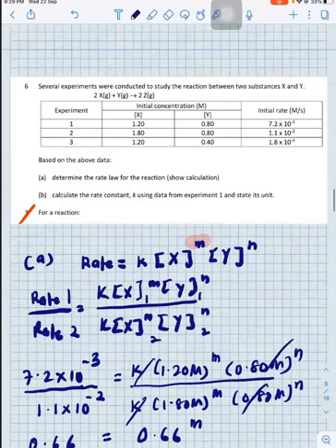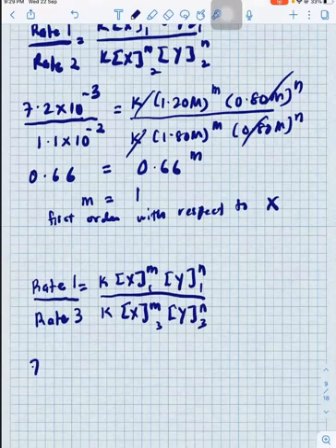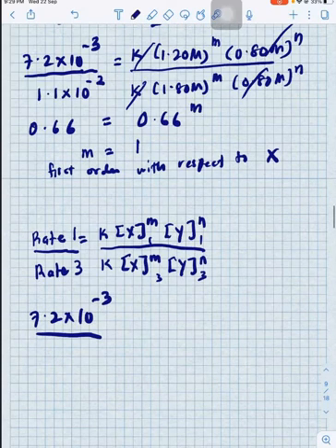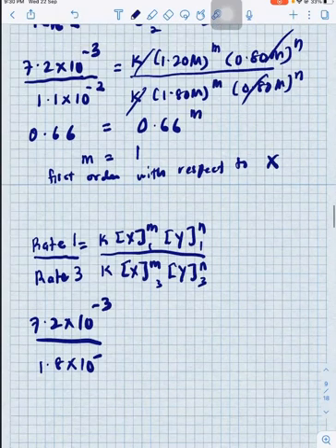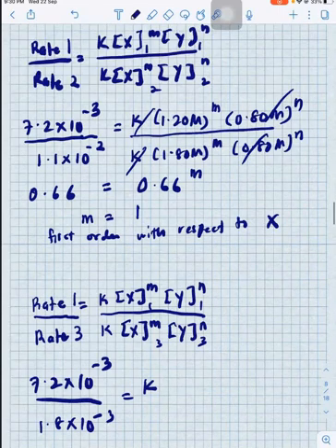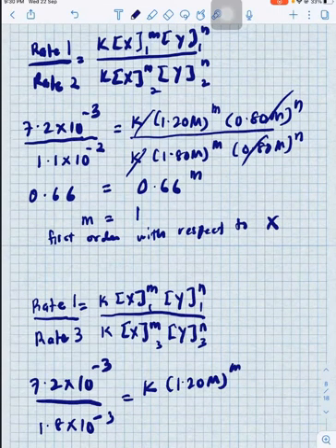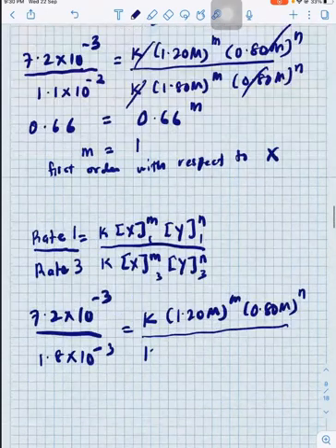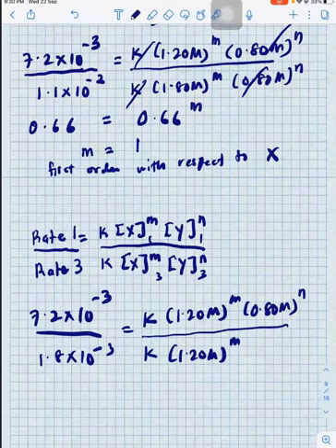So experiment 1 7.2, let's focus on -3. Experiment 3 1.8, negatif 3. Equals to K daripada eksperimen 1 tadi 1.0 molar M darab dengan 0.8 molar to the power of N, and eksperimen 3 1.2 dengan 0.4. 1.2 molar dan ini adalah 0.4 molar at N order.